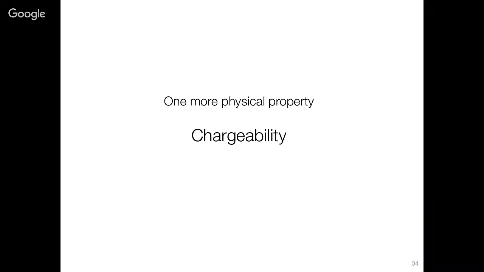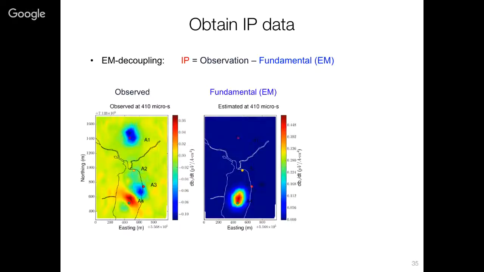So there's one more physical property, now that's chargeability. And here we come to EM coupling removal. Okay, it's done for the IP part, but this is what's happening. So to remove the EM coupling, basically what we're going to say is that the observation that you made is equal to the fundamental EM response, which is the response without any chargeability, plus an effect of chargeability.